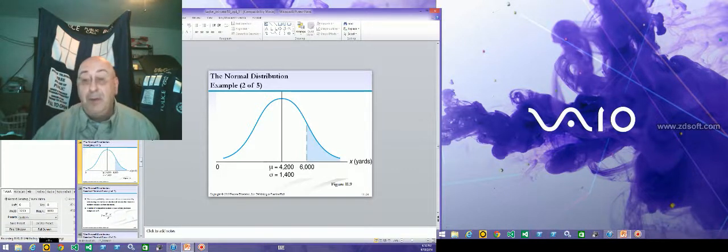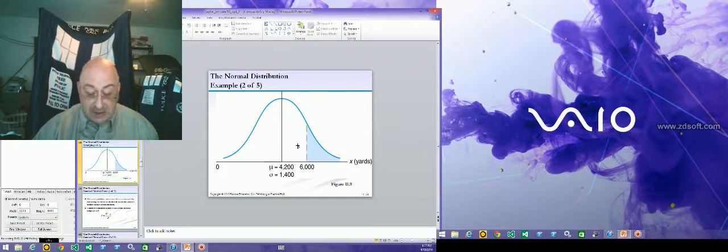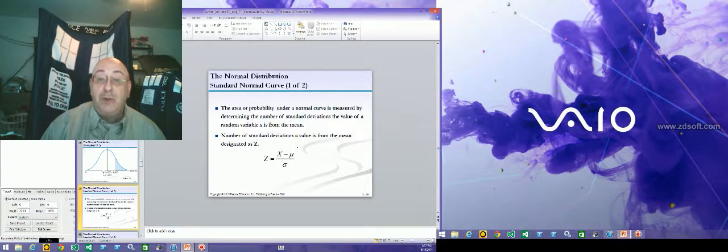You can see here in the middle that the mu is 4,200. The standard deviation, plus or minus, is 1,400. And here we want to know 6,000 yards. Well, look here. 4,200 plus 1,400 is 5,600. This 6,000 is way above 1 standard deviation. So let's see what the results are.